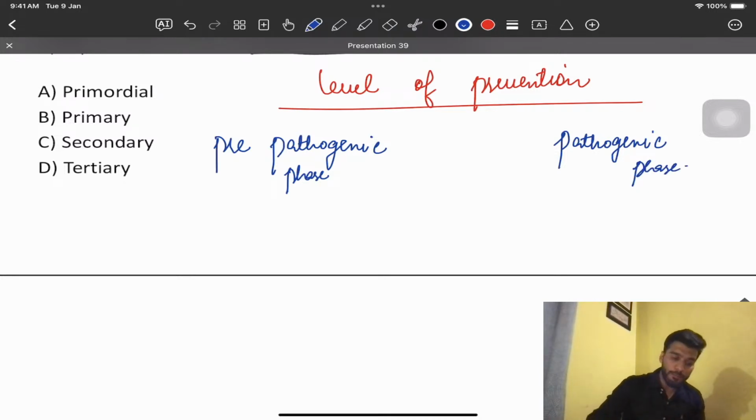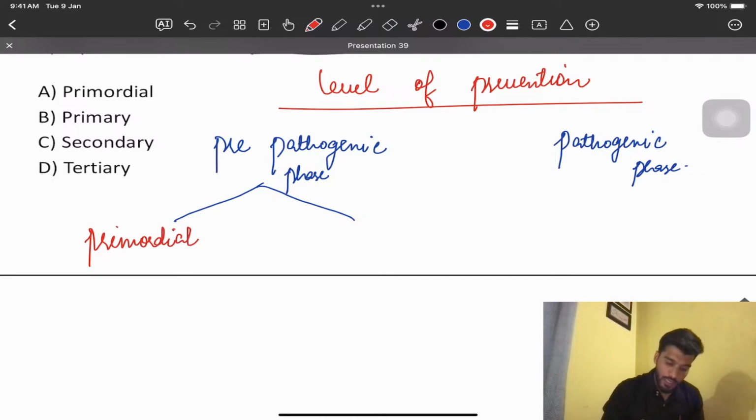In the pre-pathogenic phase, my dear students, we have two things: either primordial prevention, or primary prevention.